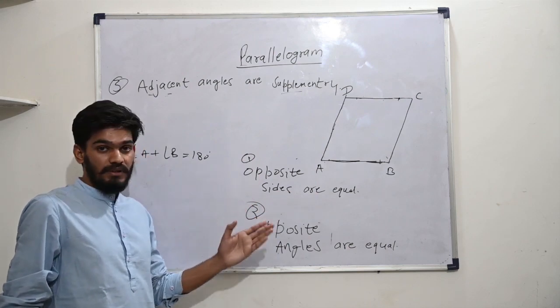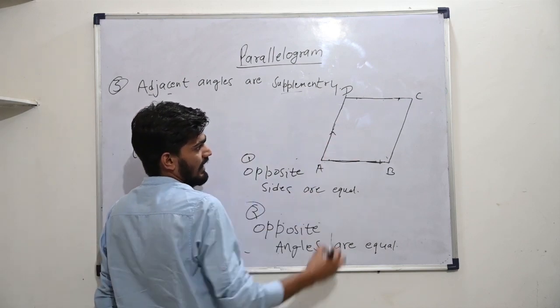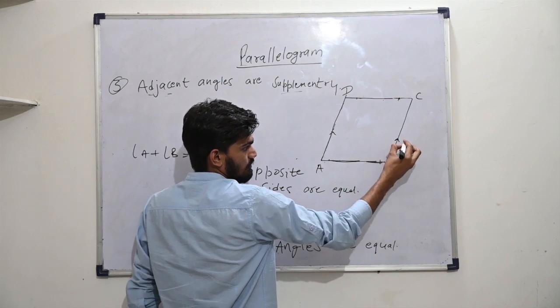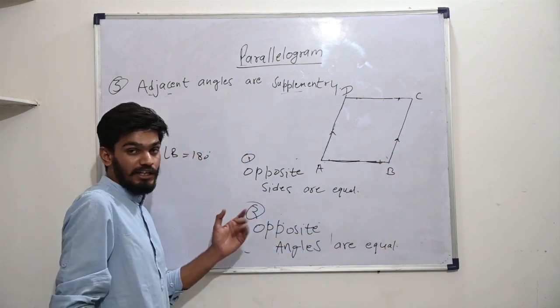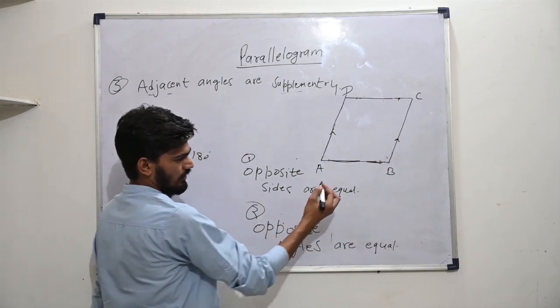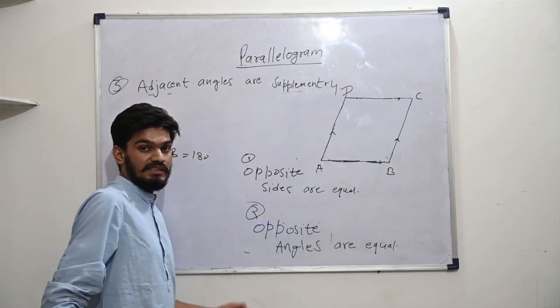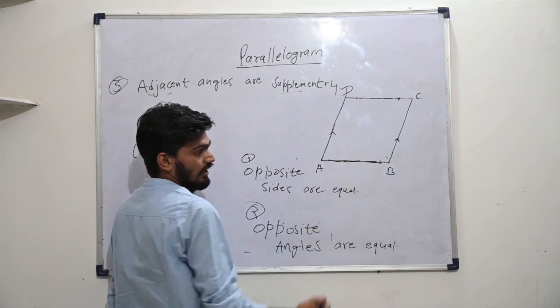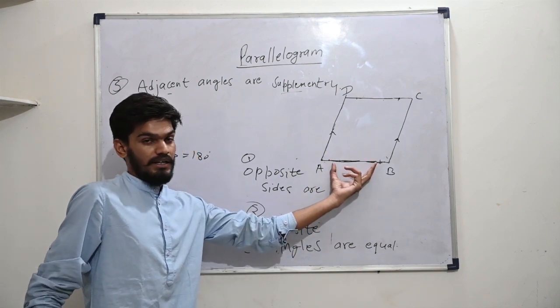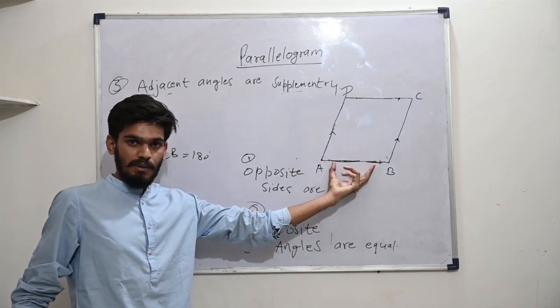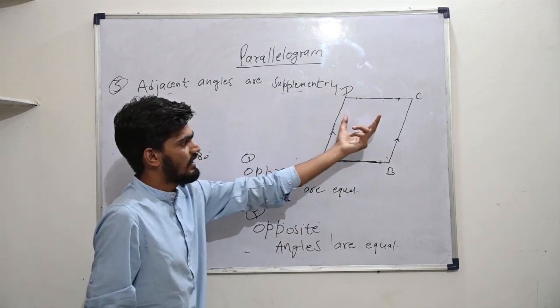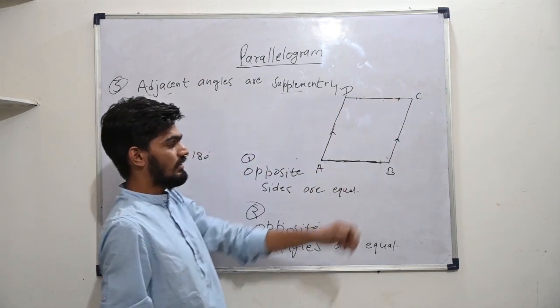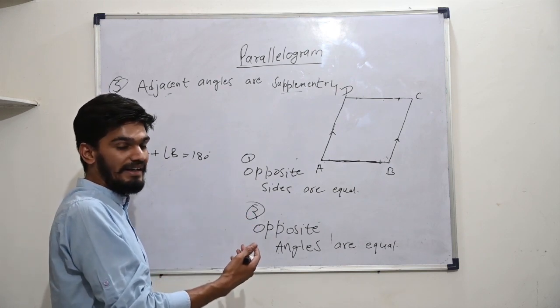Why does this happen? Because line AD and line BC are parallel to each other, and you will notice on this line AB, this is a transversal line, and in this transversal these interior angles will be supplementary. The same way here, the same way here, and the same way here. So we have four pairs of supplementary angles here.